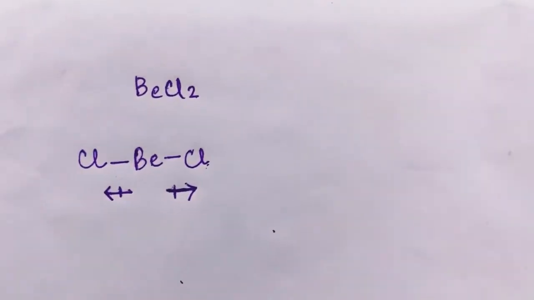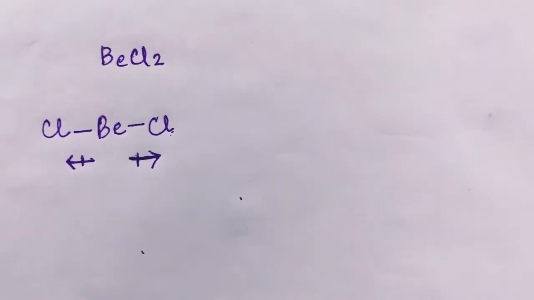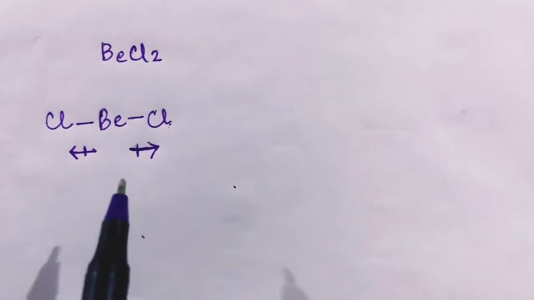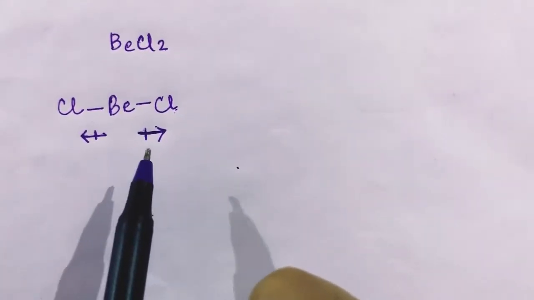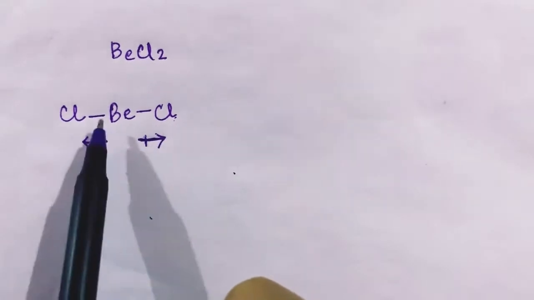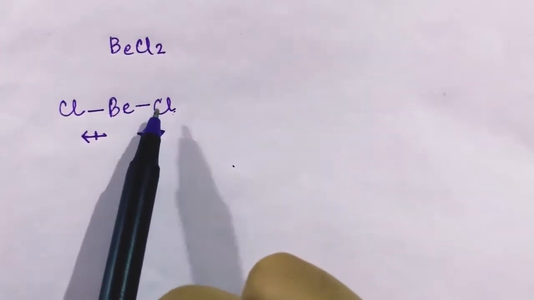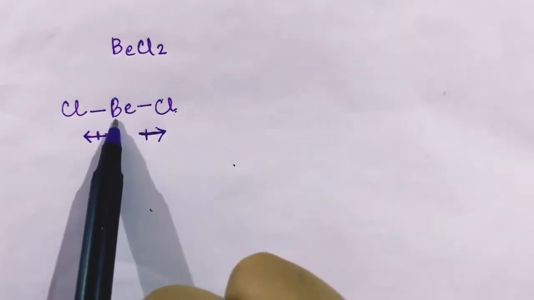BeCl2 is an ionic compound, and before trying to find out the dipole moment of a compound, it's always better to draw the structure of that compound for our convenience. Here, the structure for BeCl2 is linear, and we can easily say that chlorine is more electronegative than beryllium.